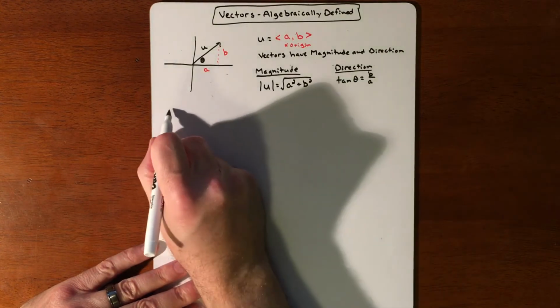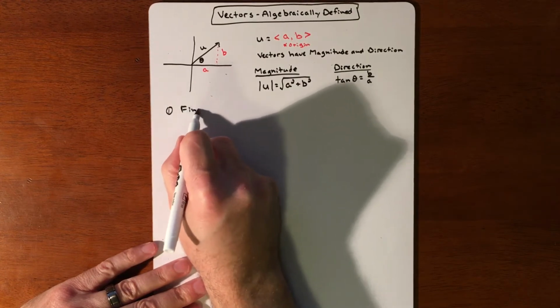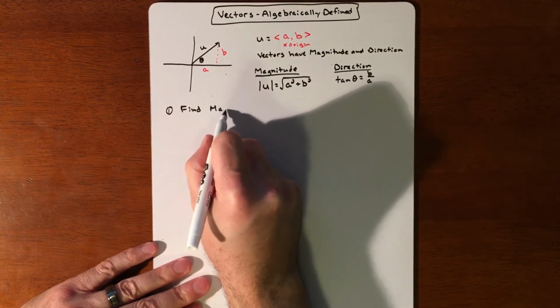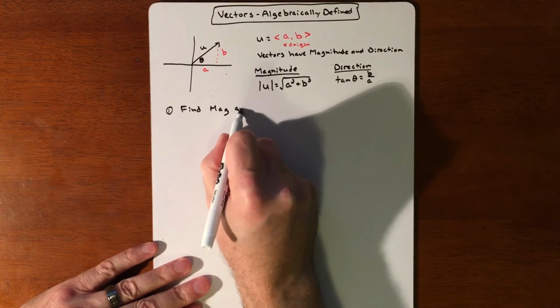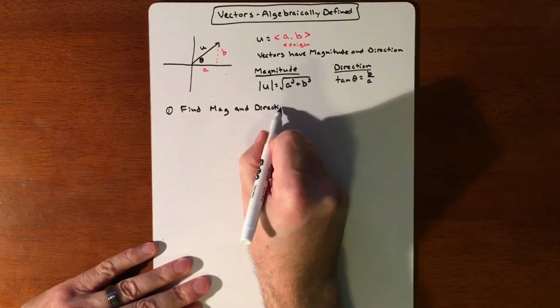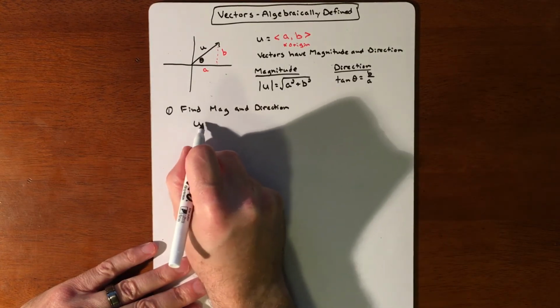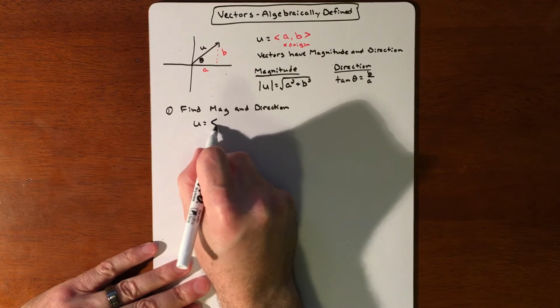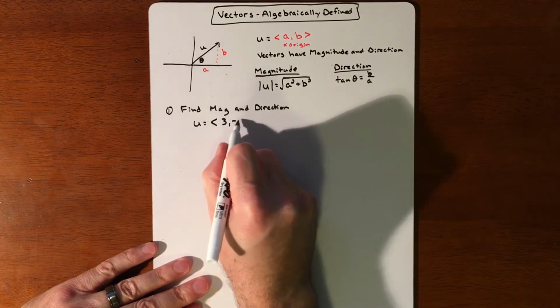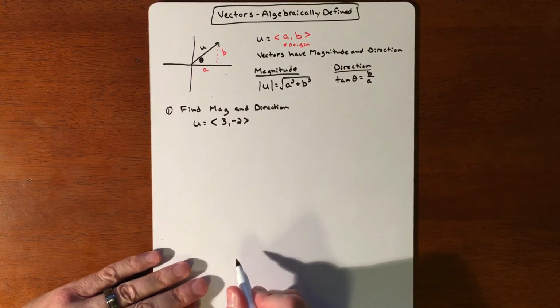All right, so let's do an example for that. So let's find the magnitude and direction, and we're going to be given this vector, <3, -2>. So the very first thing I'm absolutely going to do is draw a picture.